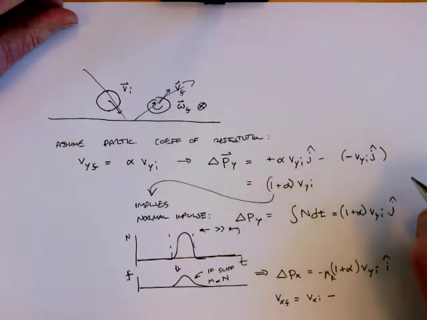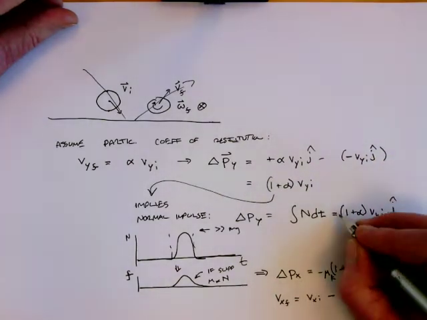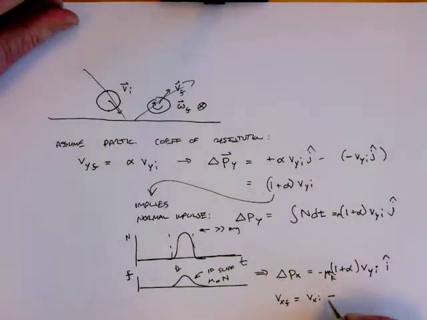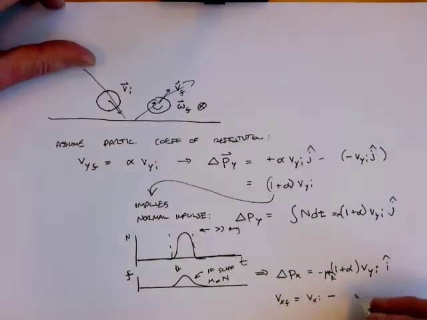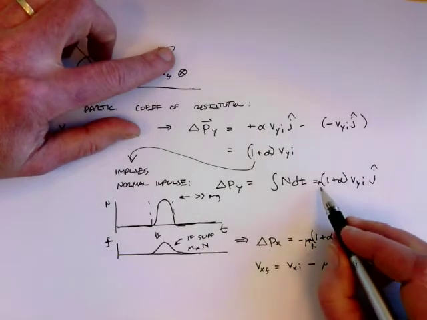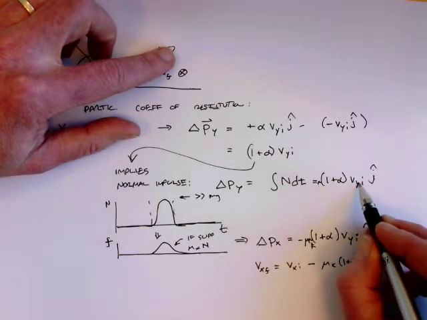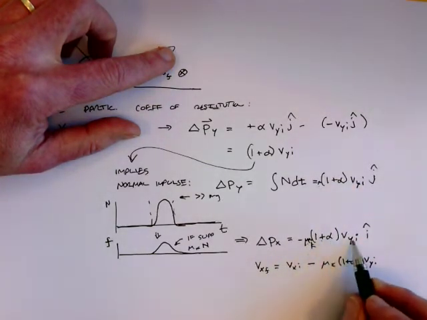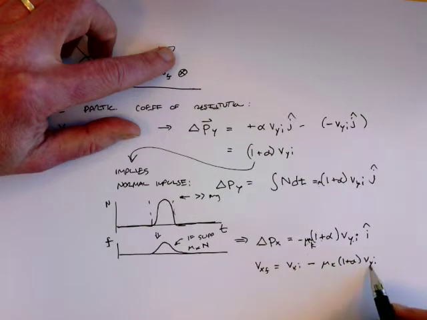Sorry, I should have had a mass here and a mass here, but it will be Vx initial minus mu k times 1 plus alpha times Vy initial. And if we check the units here, now that I put my masses back in, this is mass times a dimensionless constant times velocity, dimensionless constant times mass, dimensionless constant velocity, velocity, velocity.